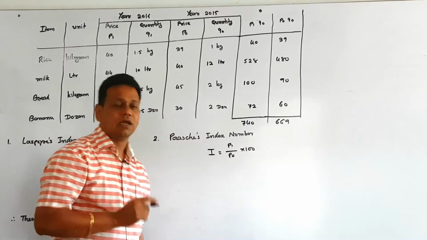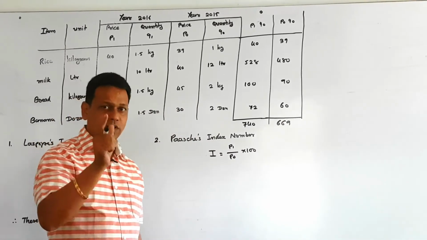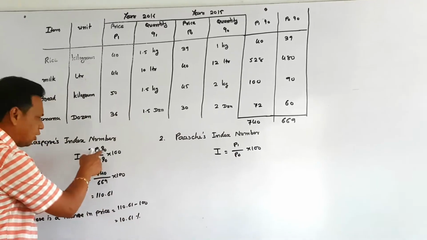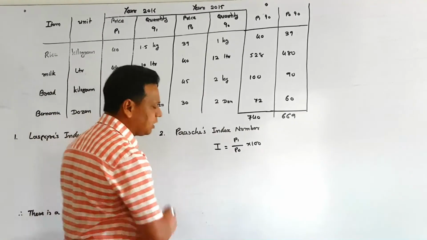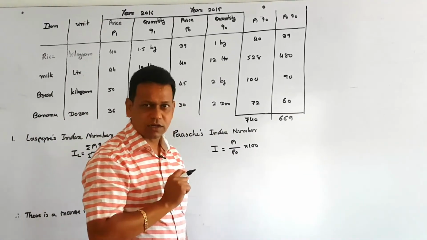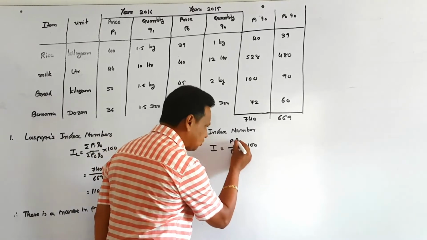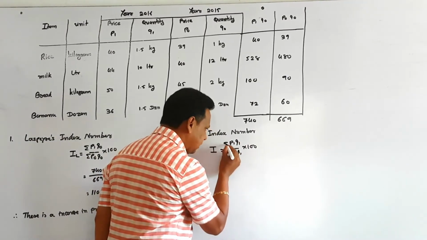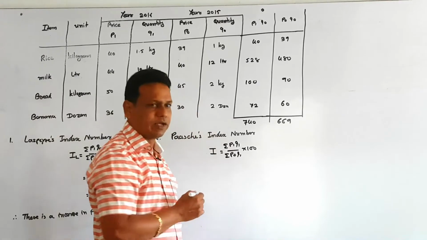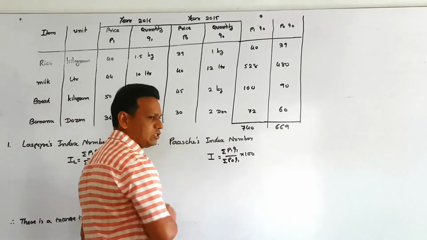Remember the main thing: Laspeyres gives importance to quantity of base year, so we introduce quantity of base year. But Paasche gives importance to quantity of current year, so we have to introduce Q1 and take the summation sign, and our formula becomes the formula to find out Paasche index number.